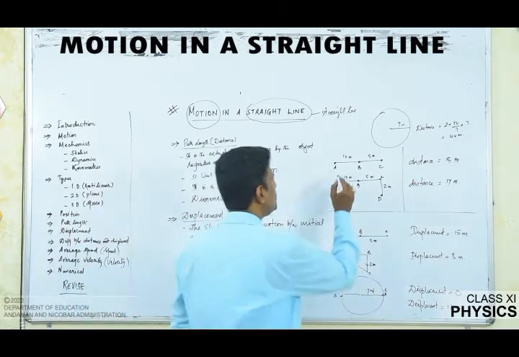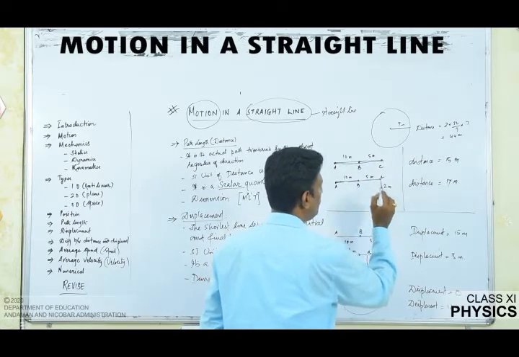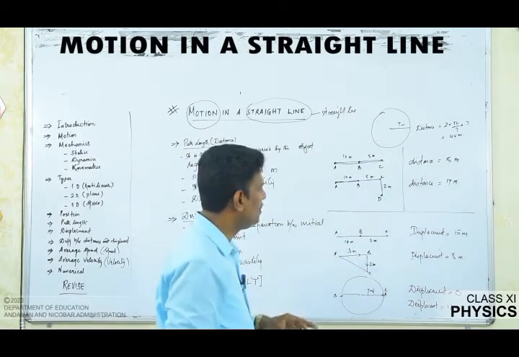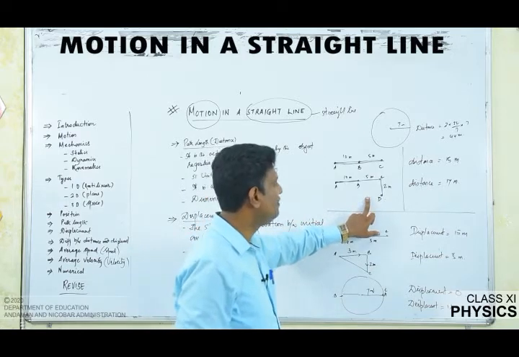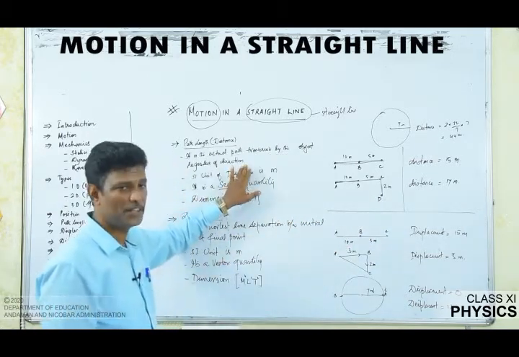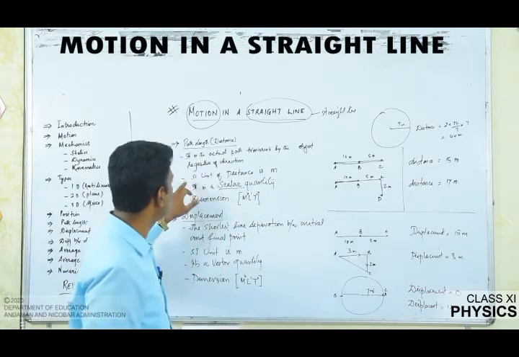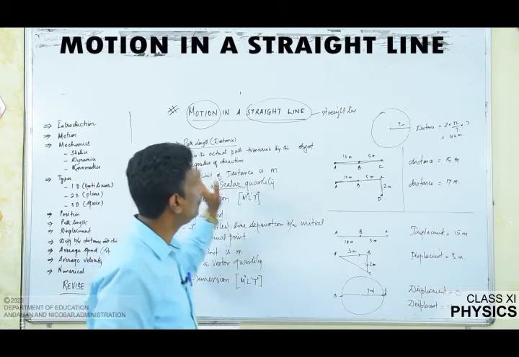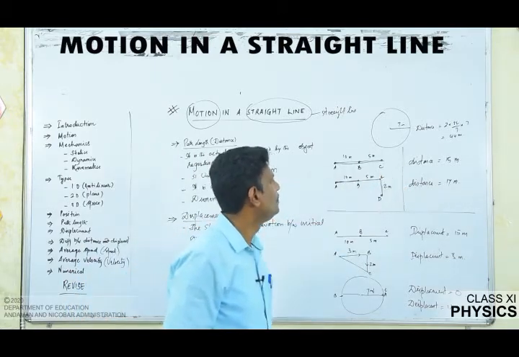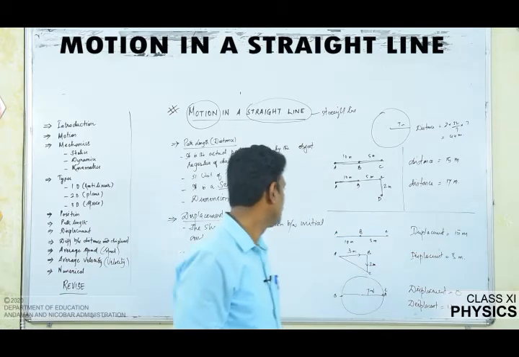Actual path means the path followed by the object. So this example gives an idea that it is regardless of direction. If the direction is changing, nothing changes in the magnitude of the distance. That is why we are getting distance equal to 17 meter.